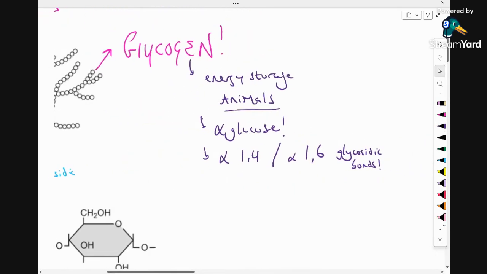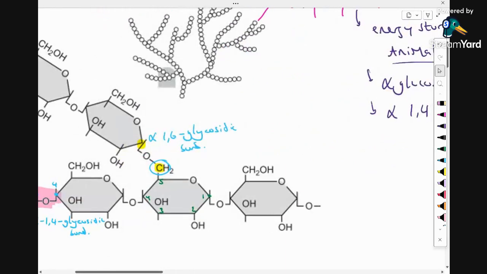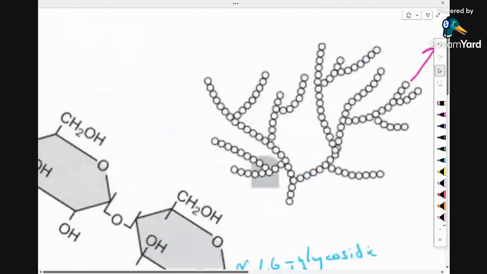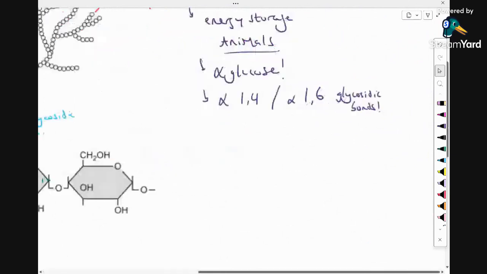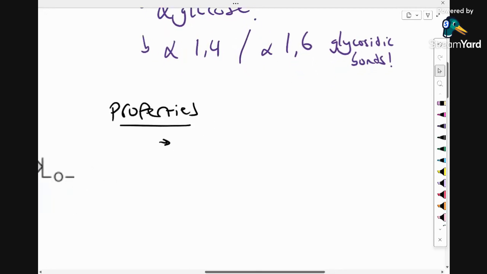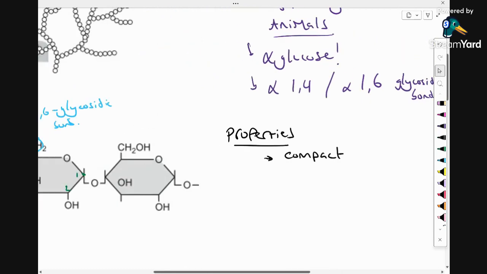Very important. What this allows is the properties of glycogen, which you can see here and schematically in this cartoon. The properties that make it good for energy storage are as follows. It's firstly quite compact as a molecule. You can see that here, right?